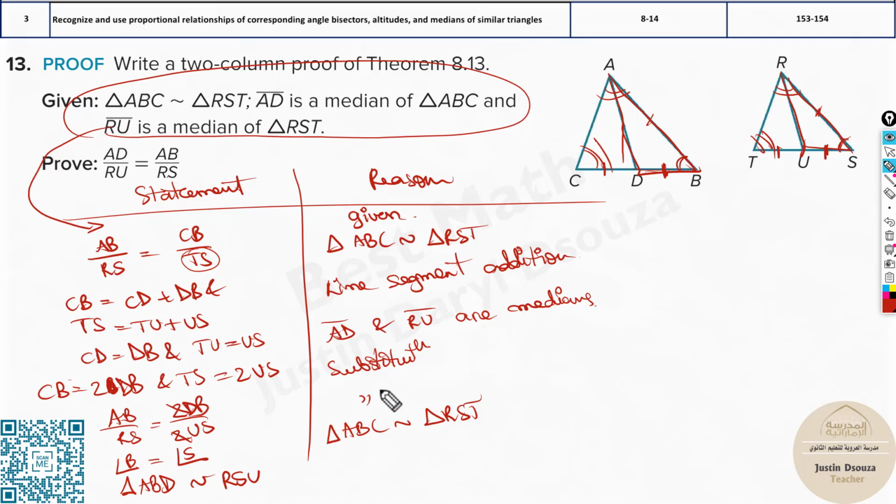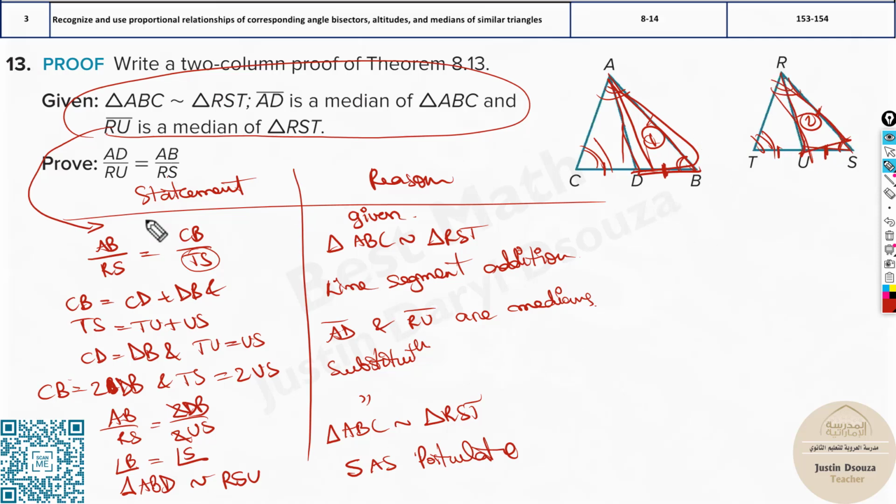Why is this? Because I got the two sides proportional. See, AB and DB are proportional, right? And the included angle, the middle angle, SAS postulate. So from this, I can tell this particular right side triangle is similar to this left side one.